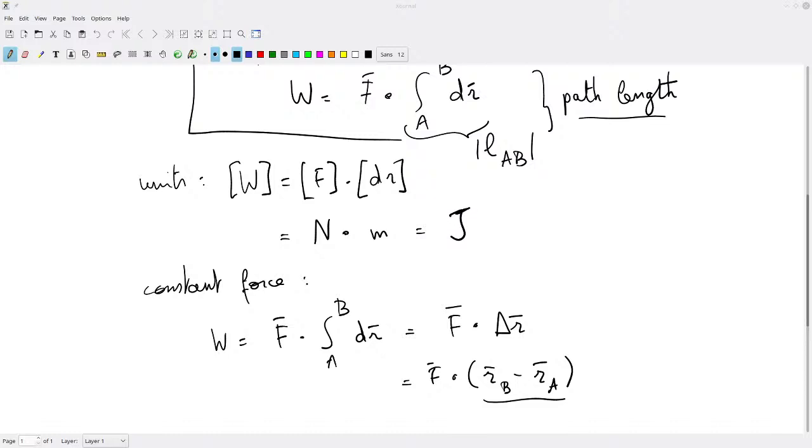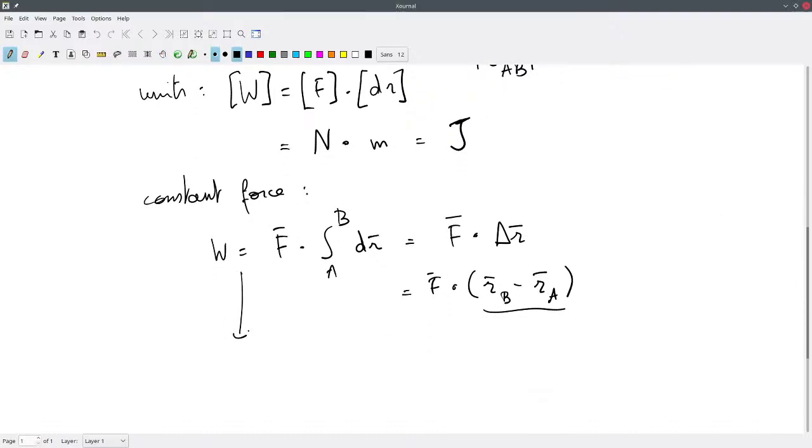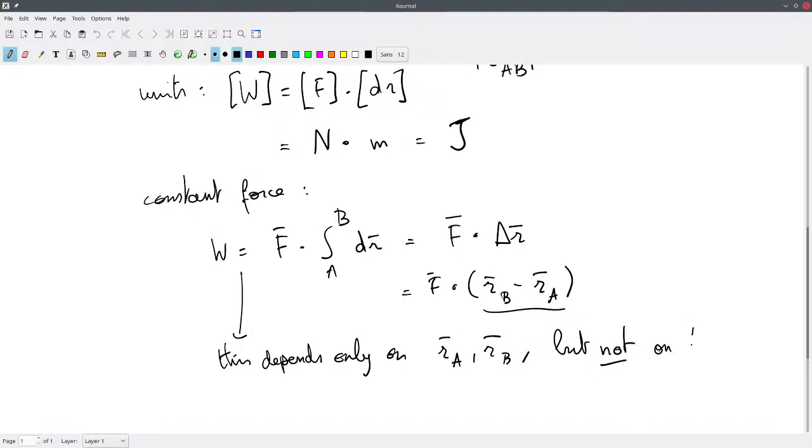And so one thing we notice here immediately is that this depends only on the position A and the position B, but not on the exact path that is taken.